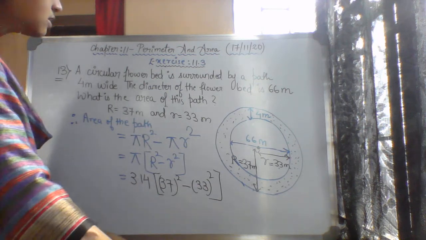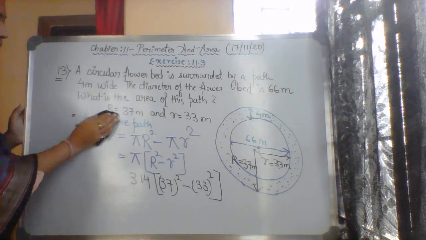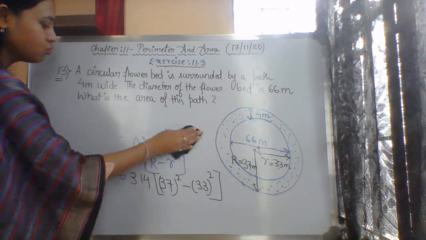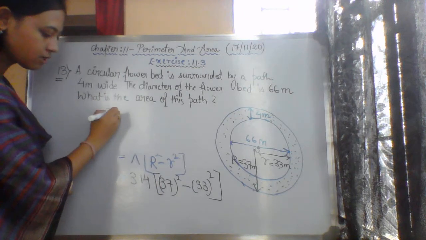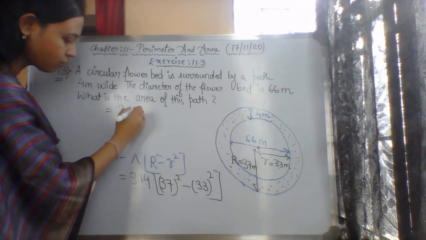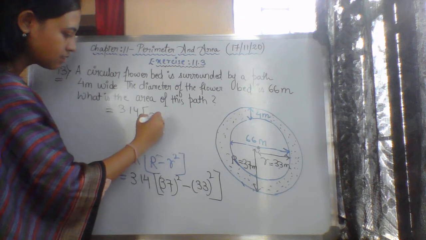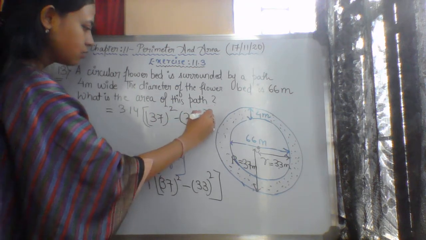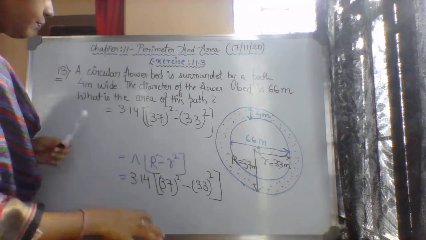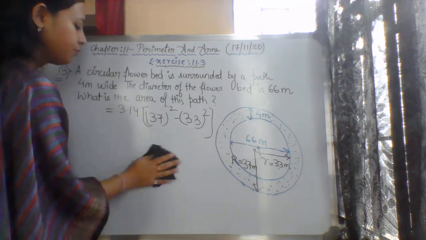Okay, just for easiness, so area is equals to 3.14 times 37 square minus 33 square. So one property is there. What is that property?